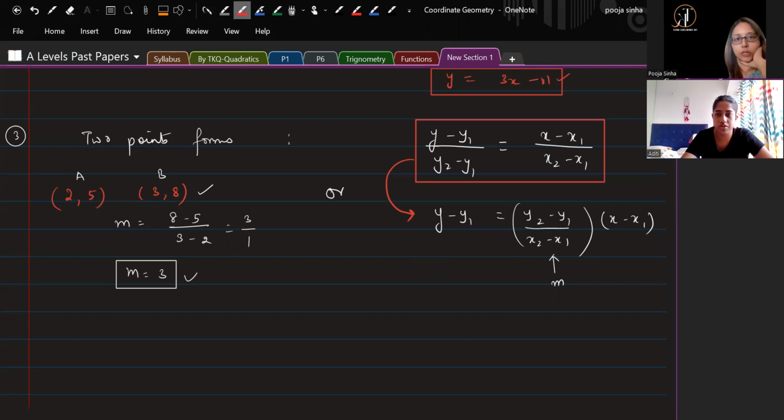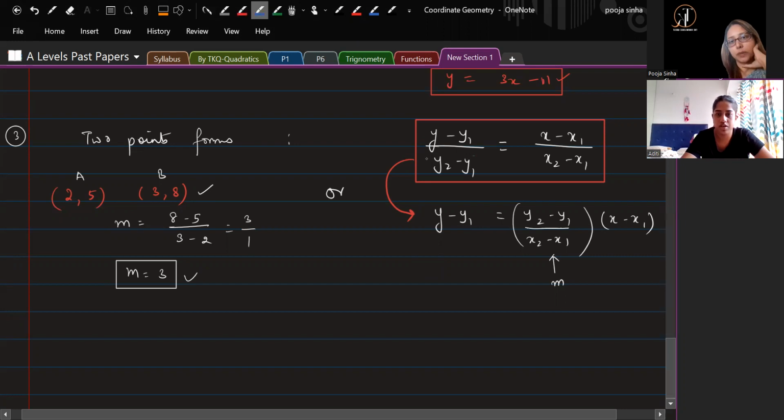So what I just did was, you see this y2 minus y1, I took it up here, okay, because I can cross multiply, right? Cross multiplication. You could definitely do that. So that has come up here, and this part is here.